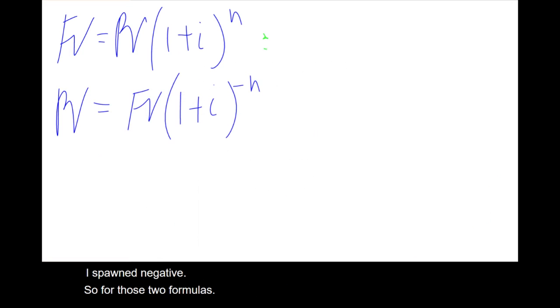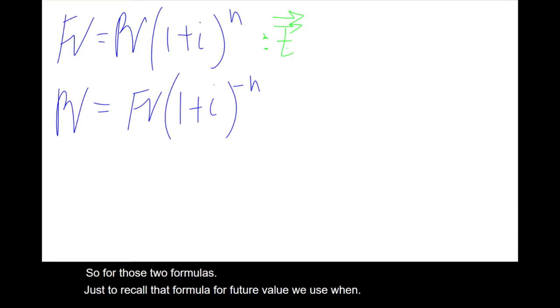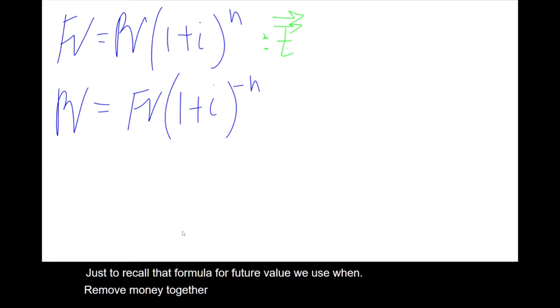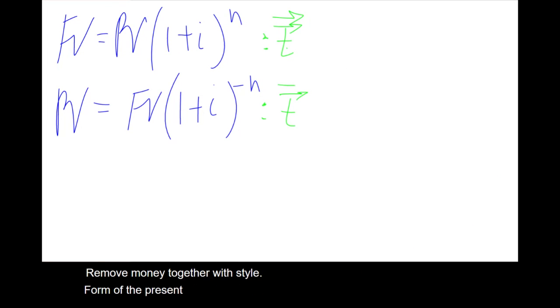Just to recall, the formula for future value we use when we move money together with time. The formula for present value we use when we move money in the opposite direction.